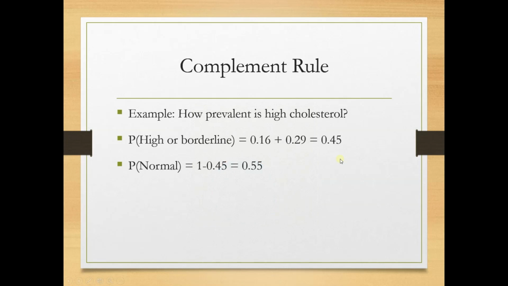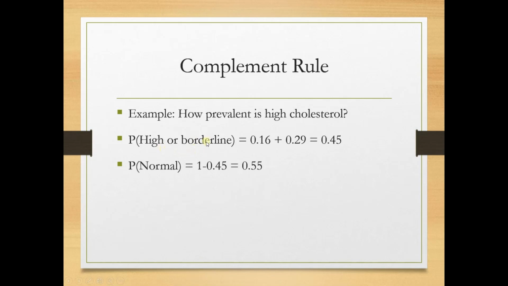So for your complement rule, you can think back to class notes. How prevalent was high cholesterol? Remember, for high cholesterol the probability was given as 0.16. The probability of borderline was 0.29. So if we pick a person at random, what is the probability of them having either high or borderline high cholesterol, which is kind of a problem?